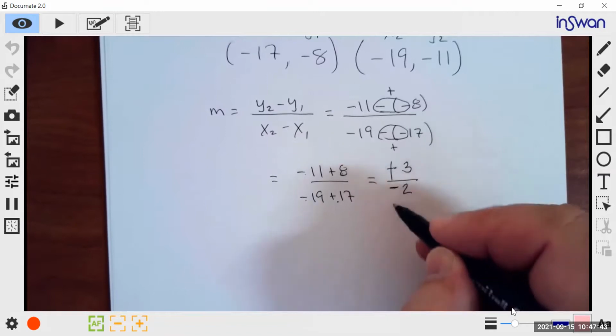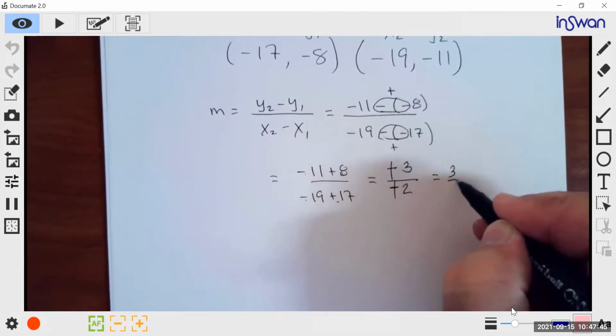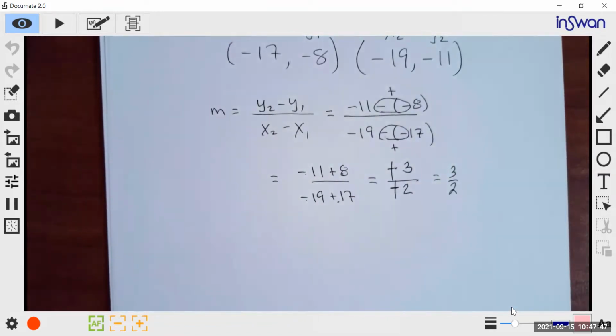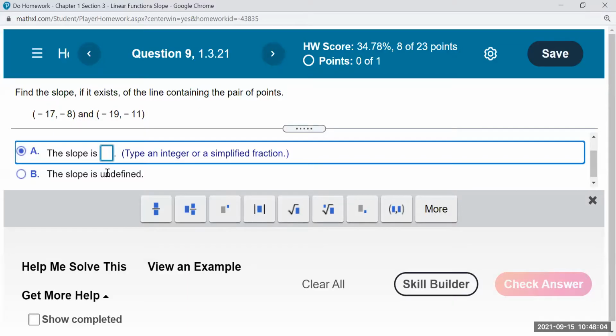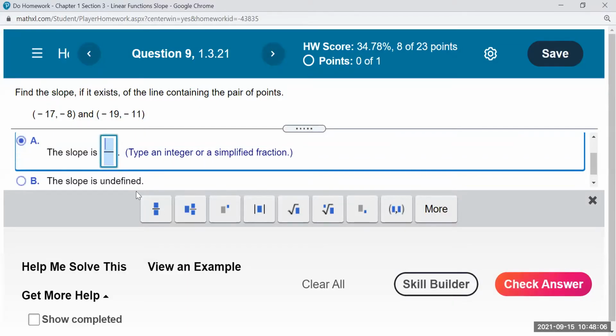The negatives cancel each other out, so the answer is 3 over 2. Make sense? So the answer there is 3 over 2.